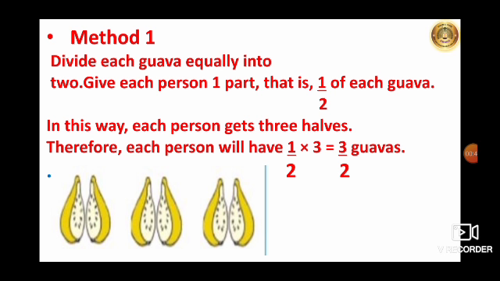It means there are 3 guavas, so we will give half of one guava to one person, then the second half, then the third half also. That means he will have 3 half parts. So it will become 3/2.